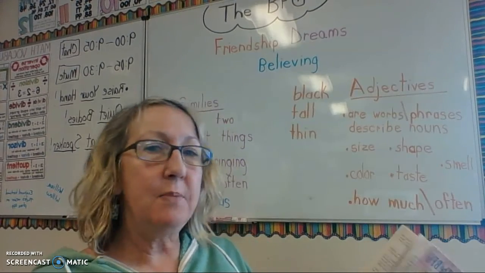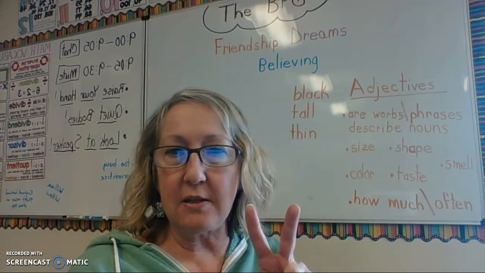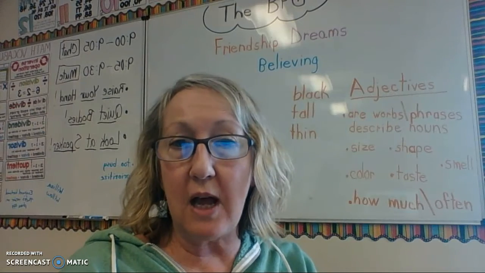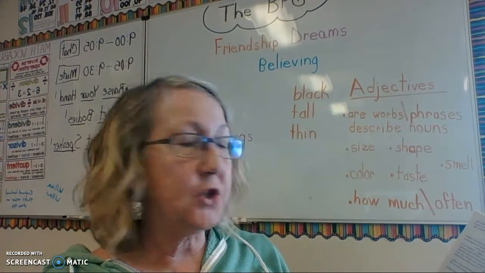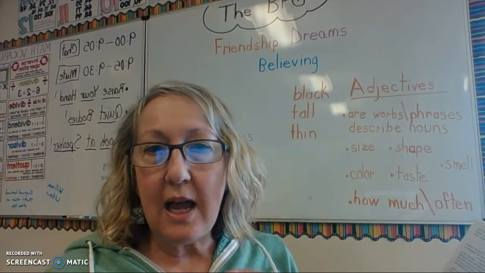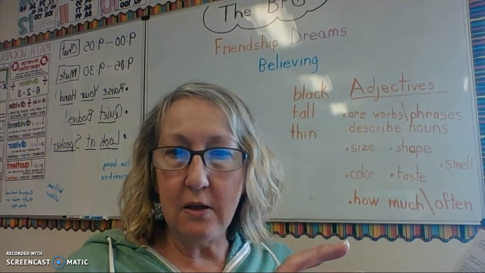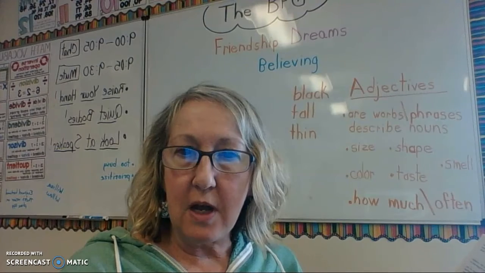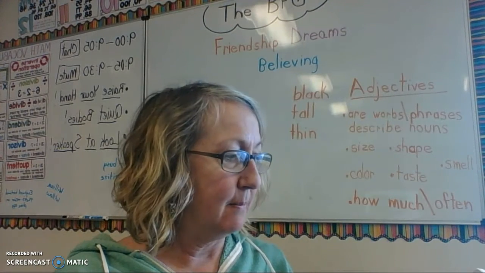And now, if we move on to our similes, comparing 2 things, looking for those clue words like or as, it says, and there she crouched, still as a mouse. So they're comparing Sophie to the mouse, and they're describing her as being still.